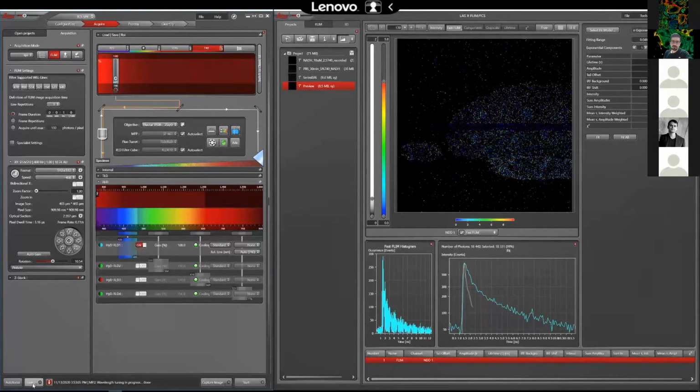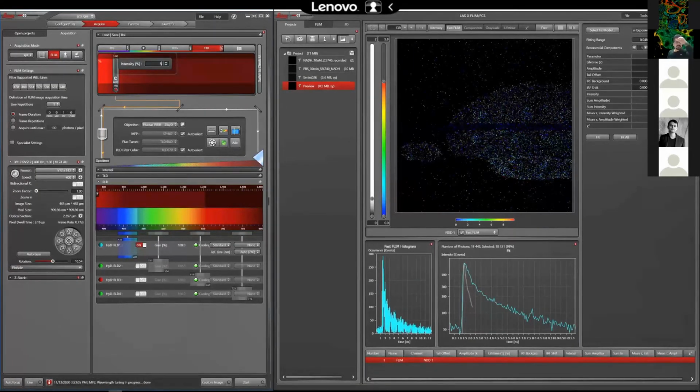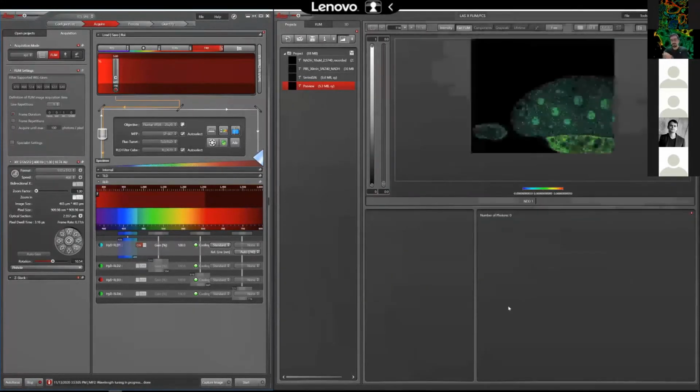And I am going to spend a lot of time to acquire these pixels that contain nothing. So I need to change the strategy a little bit. I would just go for one round of imaging to find out how it is. So 5% laser power is what we use for actual imaging.